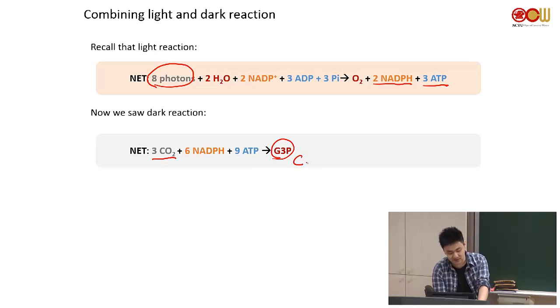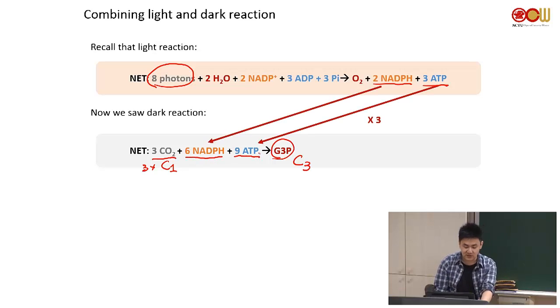Of course, this one is C3, this is C1. Okay, you need to have 3 of these. And then turns out you need to have 6 NADPH and 9 ATP. And guess what? It just so happens that it's these 2 times 3.